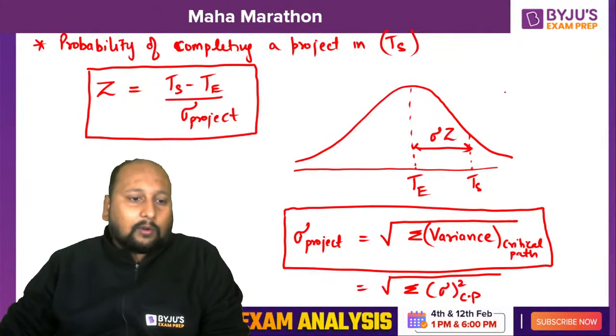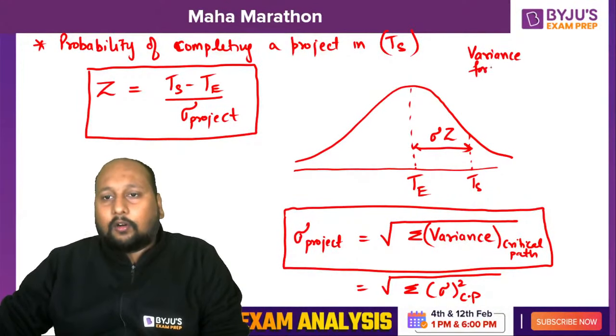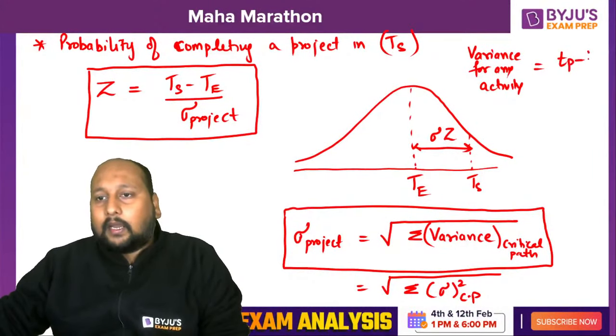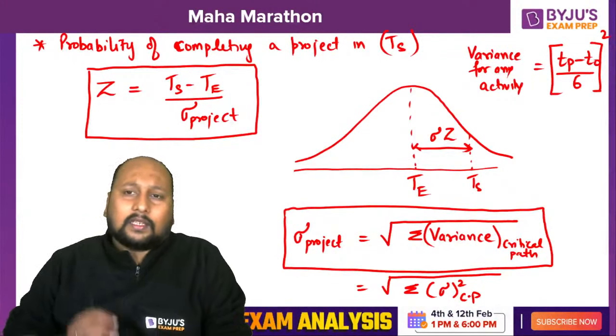For any activity, the variance is equal to (TP minus TO divided by 6) whole square. For any activity, we can calculate the variance value by using a very simple formulation.